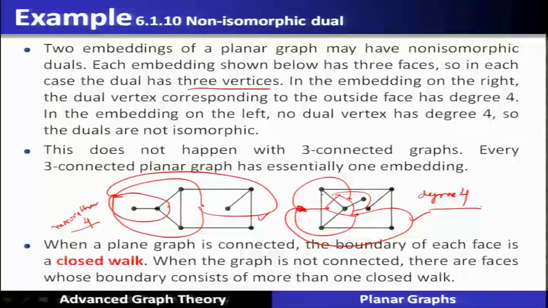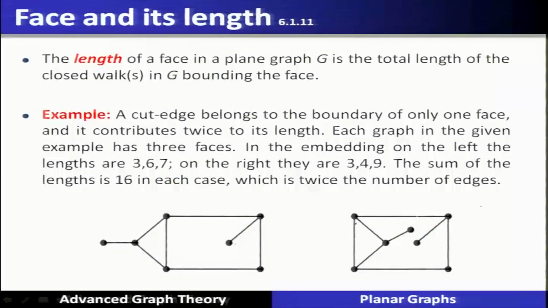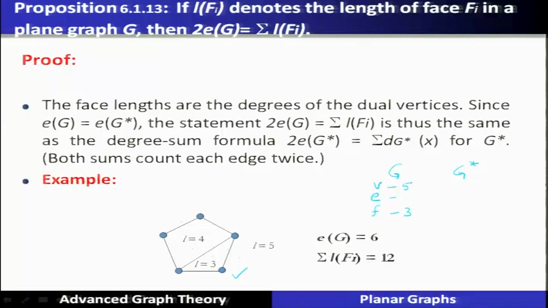When a plane graph is connected, the boundary of each face is a closed walk. When the graph is not connected, there are faces whose boundary consists of more than one closed walk. How many edges are there? 6 edges are there. As far as its dual is concerned, the number of vertices in the dual will be equal to the number of faces.